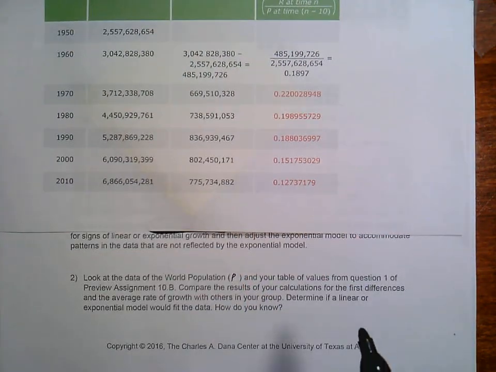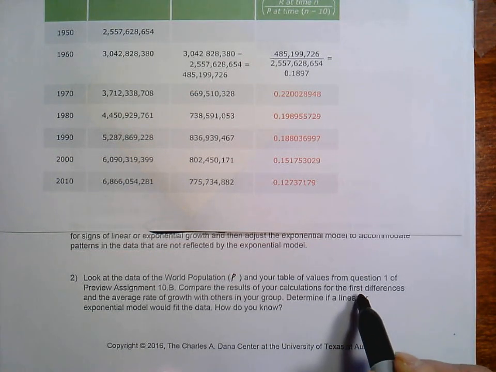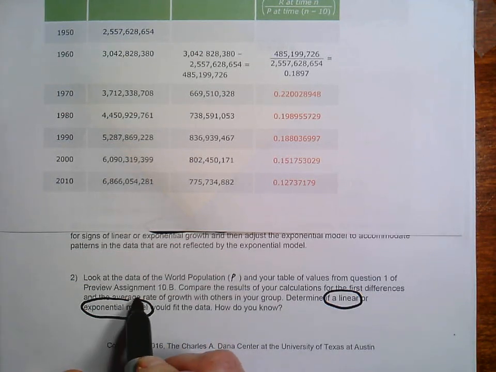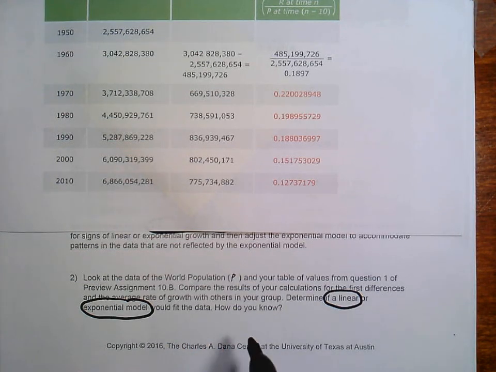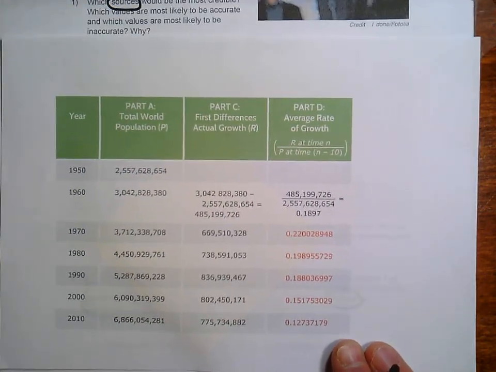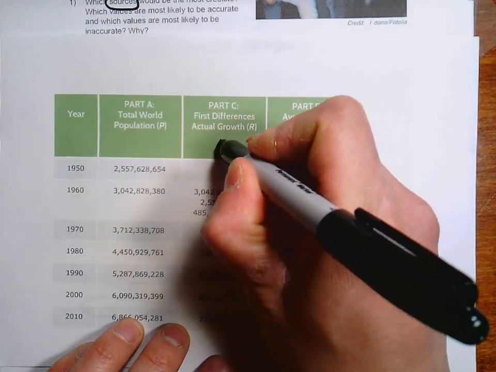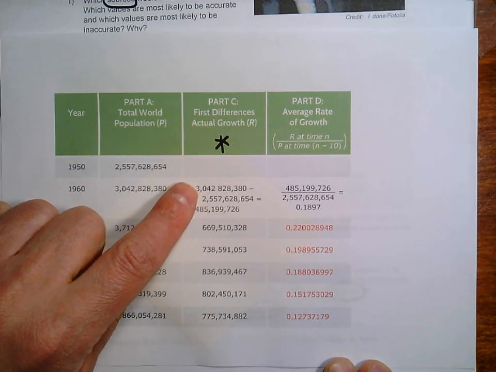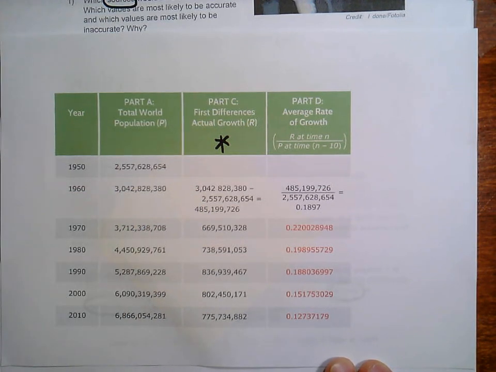It's saying here, determine if we can tell by looking at this data, is it linear growth or would it be more of an exponential model? And how do we know the answer to that question? When you look at this, you can actually answer both of those questions. If we examine this column here, we're looking at adjacent numbers and subtracting them.